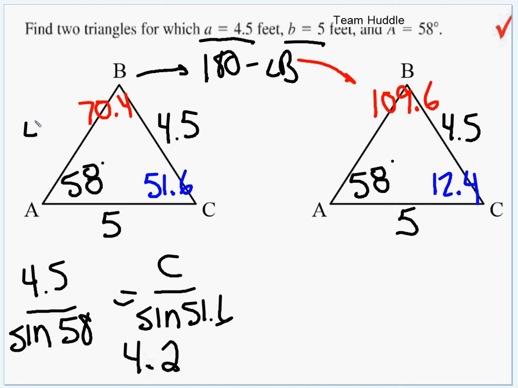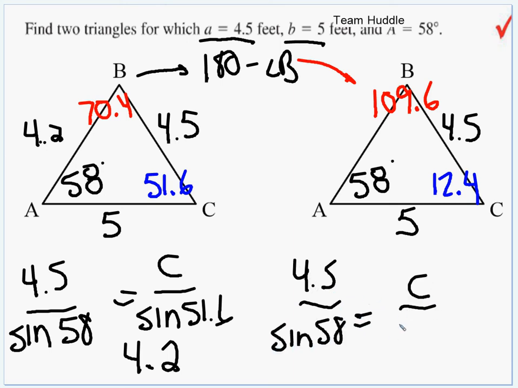So this side C is about 4.2. And if we come over to the other triangle, we're going to have 4.5 over the sine of 58 is equal to C over the sine of 12.4. And if the calculator button pushing goes well, you should get approximately 1.1 for that missing side C.